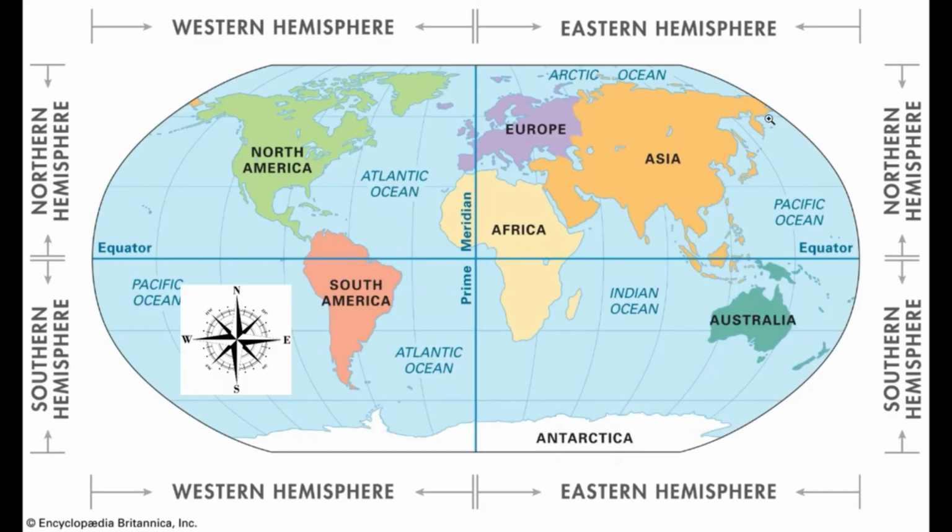And you can take a look at that for any of these continents. Australia is south of the equator, so it's in the southern hemisphere, but it's also east of the prime meridian, so it's in the eastern hemisphere also.